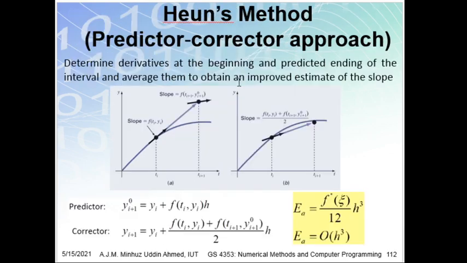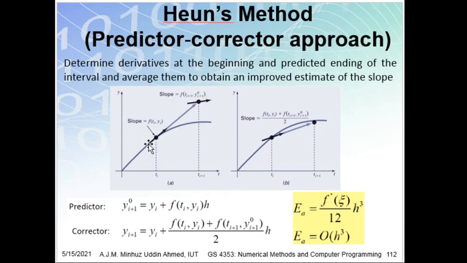And this correction is obtained using the slope of this one and this one, the average of these two slopes can be taken. You see here, slope at this point is like this one, slope at this point, we know slope at each point, so slope at this point, all are known. So slope at this point is this one, as it is shown here, and slope at this point is this one.